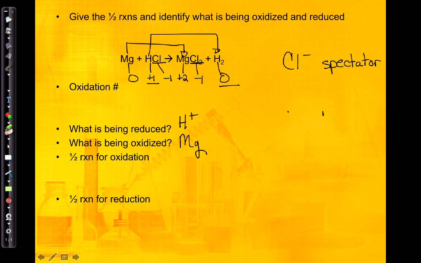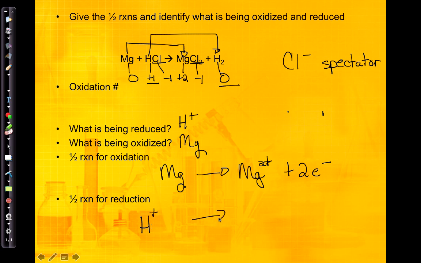All right, so now let's look at the half reaction for oxidation. Magnesium goes from 0 to +2. Magnesium's fine. I add electrons to the more positive side. Well, the half reaction for hydrogen goes from H+, and then it goes to a neutral molecule of H2.